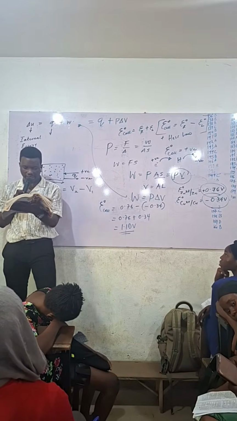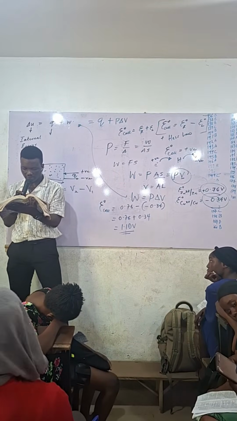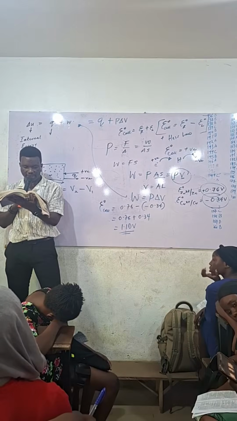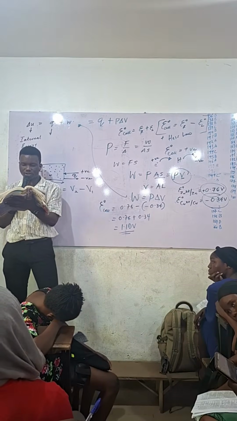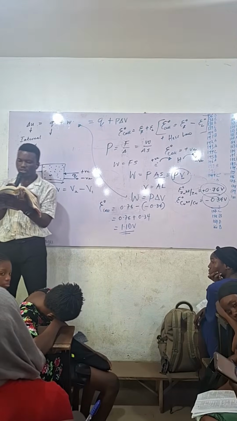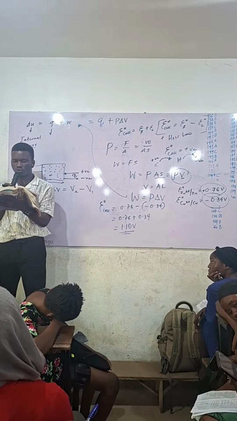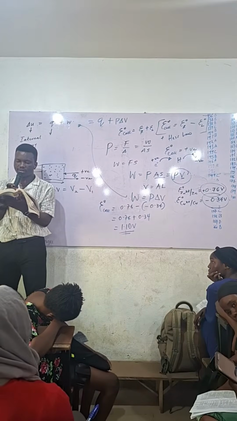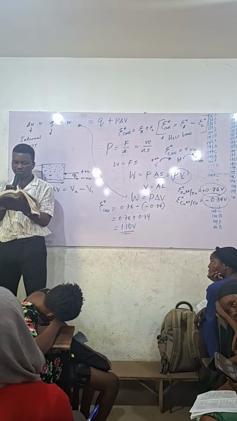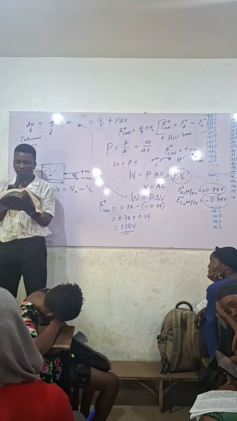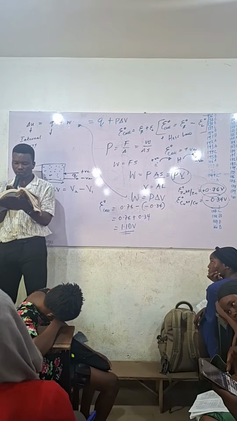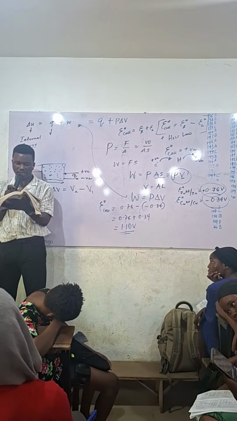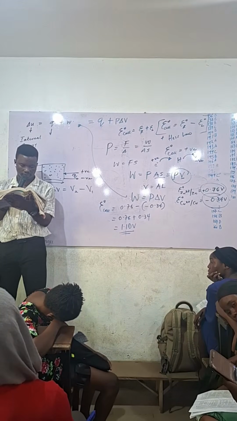Now let's look at that part on the EMF. They said that when the copper system was set up as a cell, the voltmeter shows a reading of 0.34. This is the potential difference between the two half cells, and it's known as the electromotive force of the cell. The voltmeter reflects the electrical potential of the copper half cell relative to the hydrogen standard electrode.